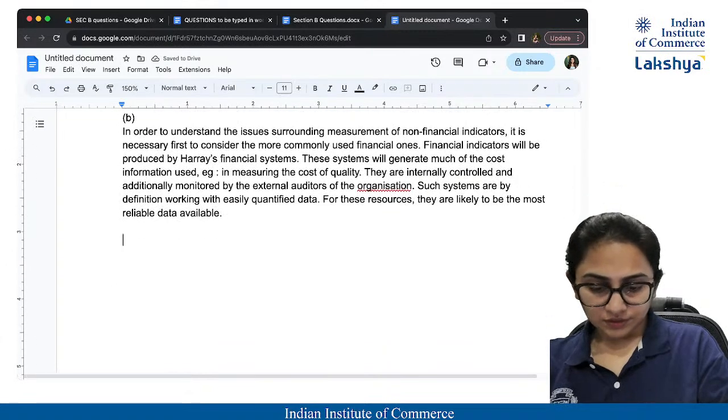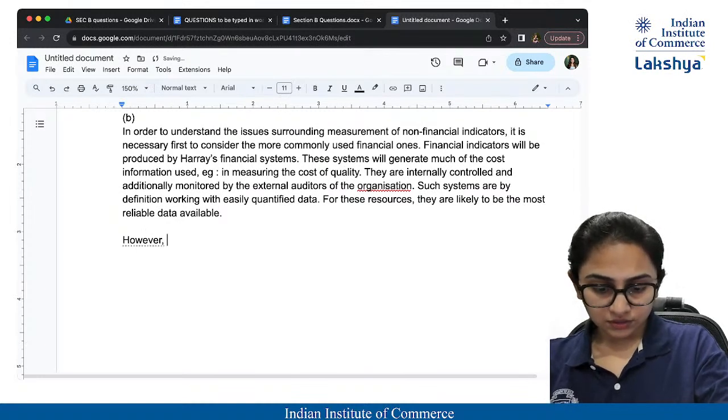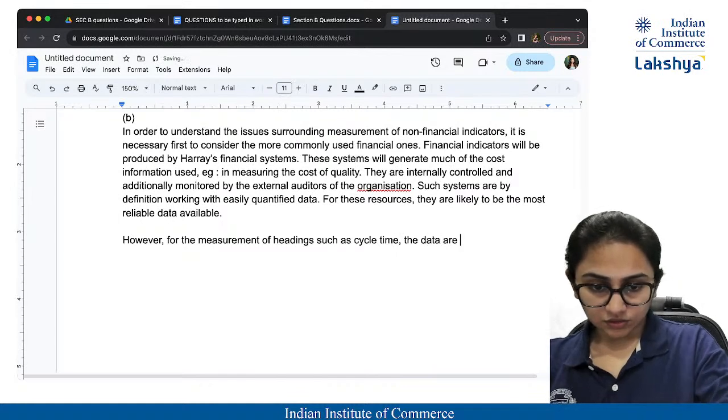Okay, so however, apart from the financial, for the measurement of headings such as cycle time, the data are often going to be non-financial.